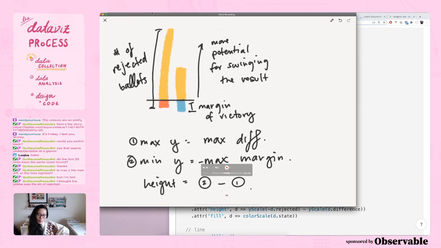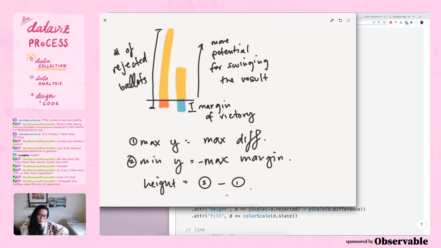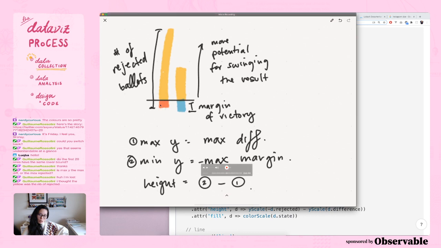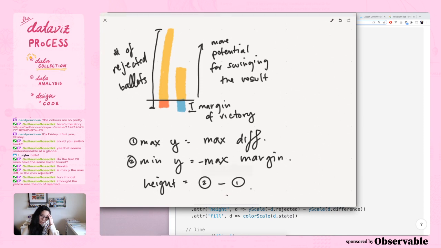So, MB of rejected. What's MB? Oh, number of rejected? So this entire bar is the number of rejected ballots. And then, no, I think that makes sense.